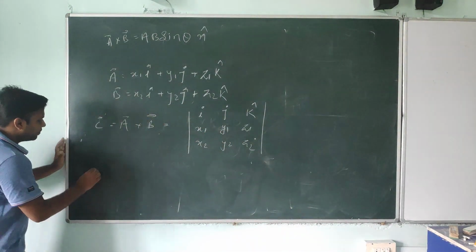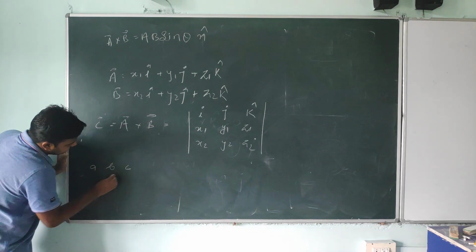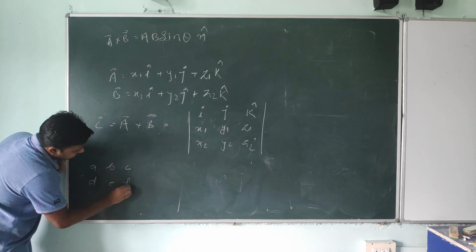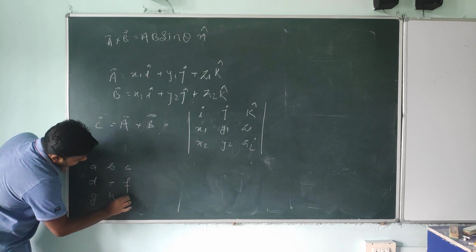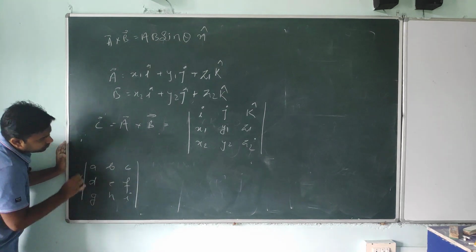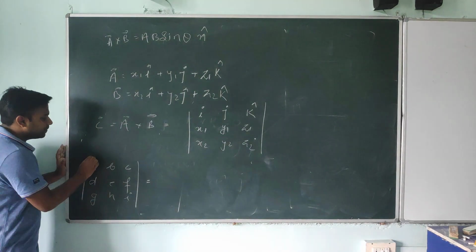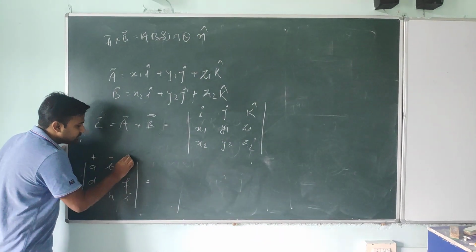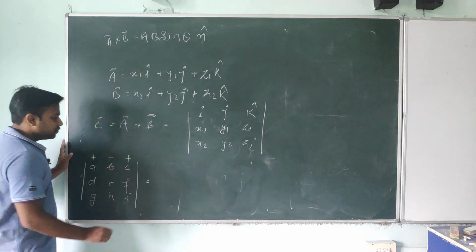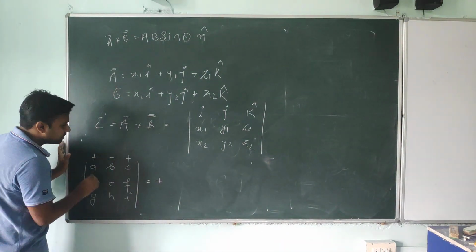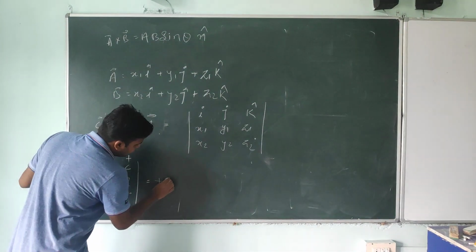If we have a, b, c, d, e, f, g, h, i, and you want to solve this determinant, what will you get? First thing you have to do: plus, minus, plus. So choose the first quantity here with the positive sign. So write here plus a in bracket.